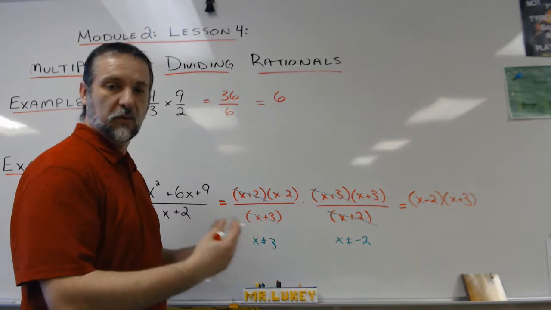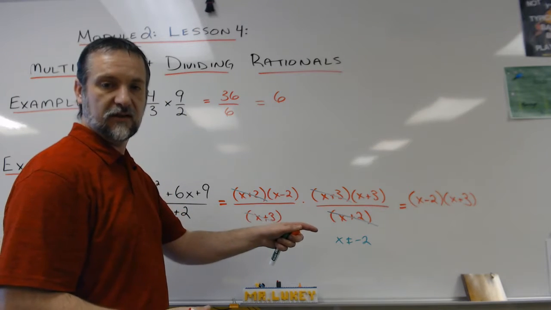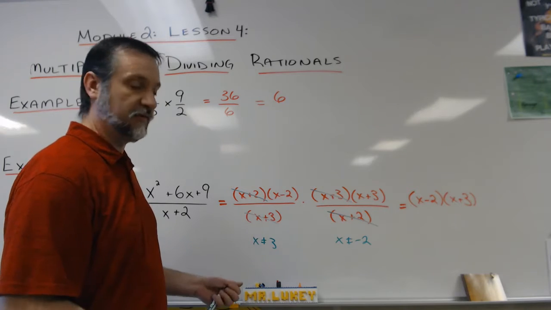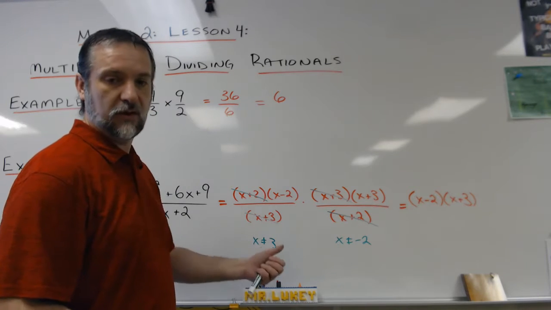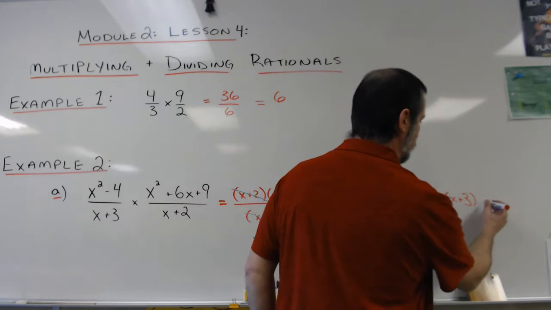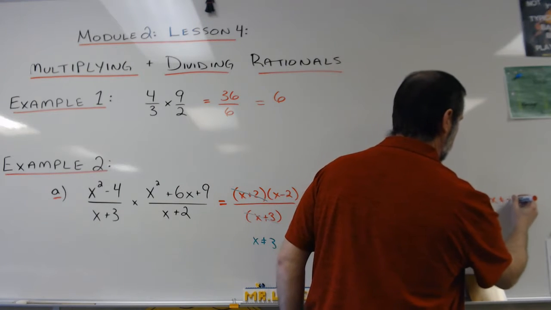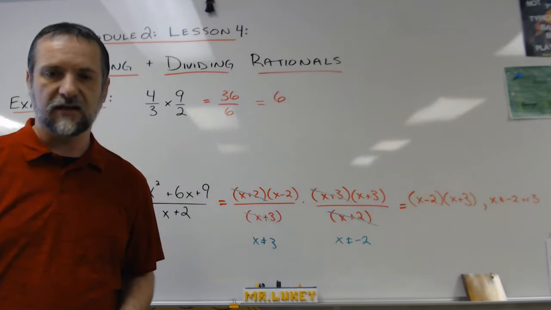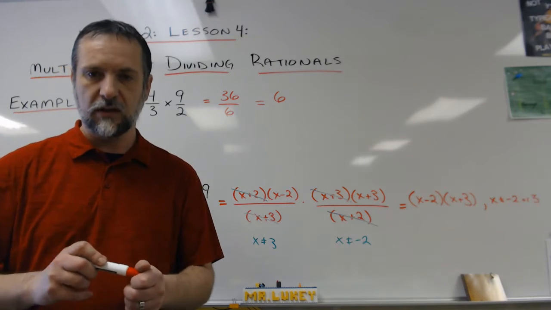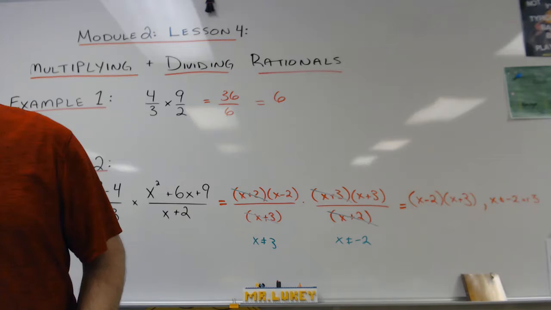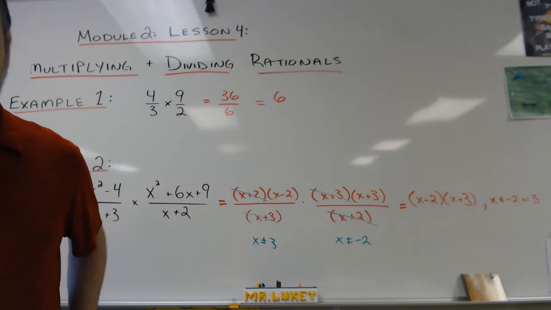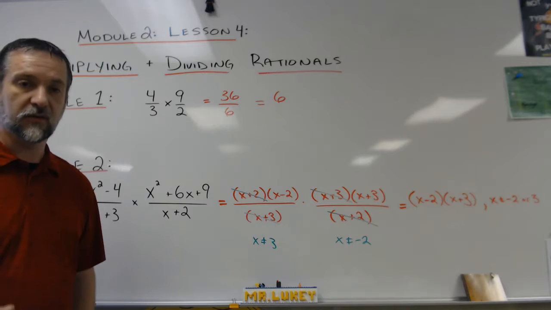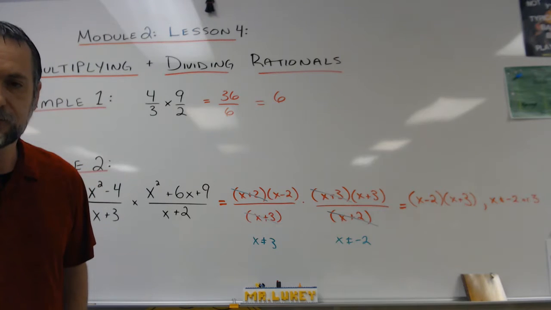I'm not going to re-multiply these; I'm going to leave them in this form, and all I'm going to do now is state my non-permissible values, where x cannot equal 3 or negative 2. And that is our completed question. That is the first example. I'll go over the next couple of examples, and then we can go to dividing, and we'll be through this in no time at all.